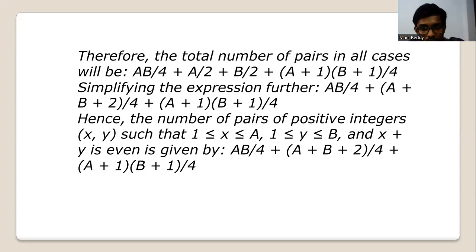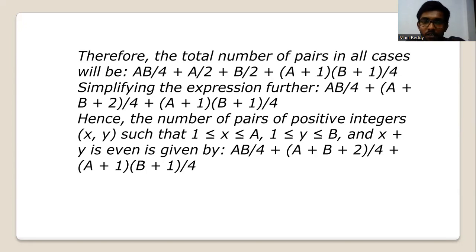So those pairs will be counted. If x plus y is odd, the count will not increase. Count will be as it is. Suppose you take count equal to 0, and x plus y is odd, the count doesn't increase. It remains 0 only.